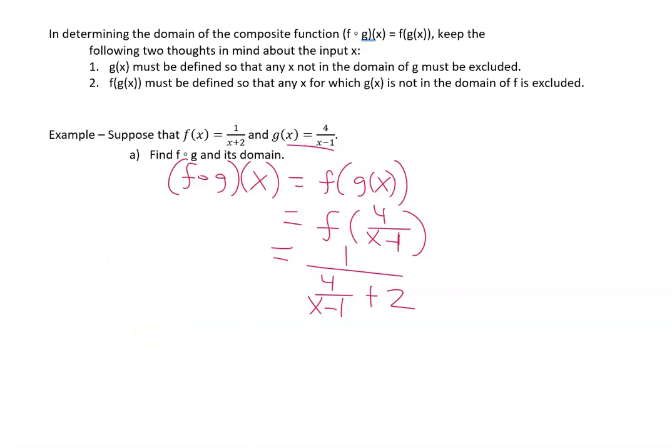In order to do that, we are going to multiply the top and the bottom by the exact same term, because remember, we can multiply by 2 over 2 because that's equal to 1, and multiplying by 1 doesn't change anything. Or we could also multiply by x minus 1 over x minus 1, because again, as long as it's the exact same expression on top as it is on bottom, it's equal to just 1, and we're not actually changing the value.